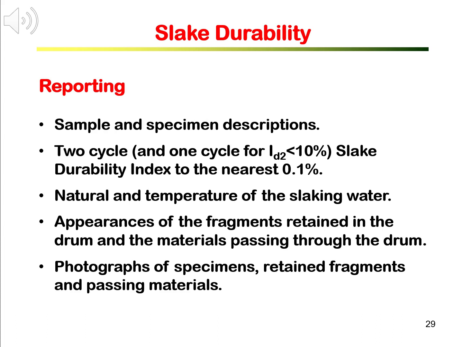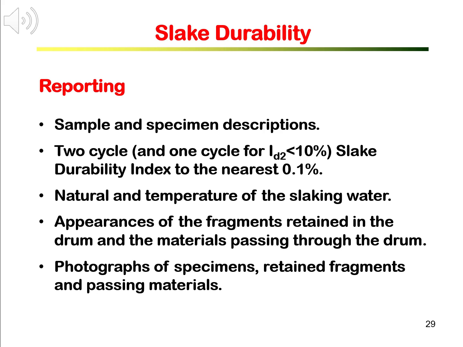The test report should include descriptions of sample, rock type, location, sample collection and storage, and how specimens of rock lumps are prepared, the initial or natural water content. Typically, there should be at least 3 tests conducted per rock sample.